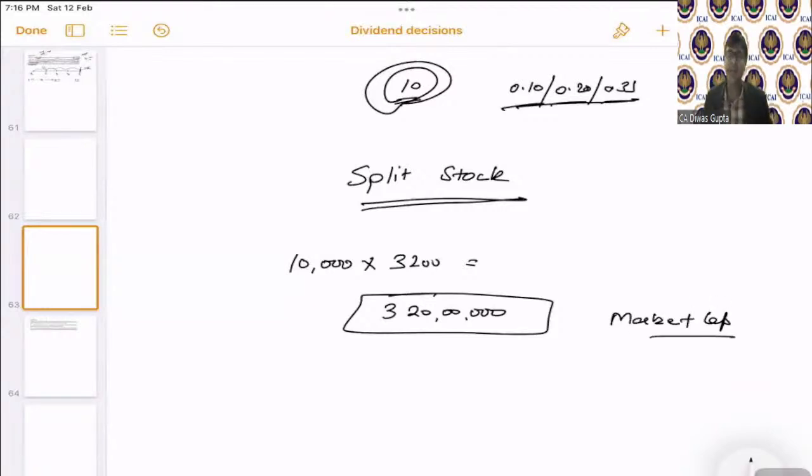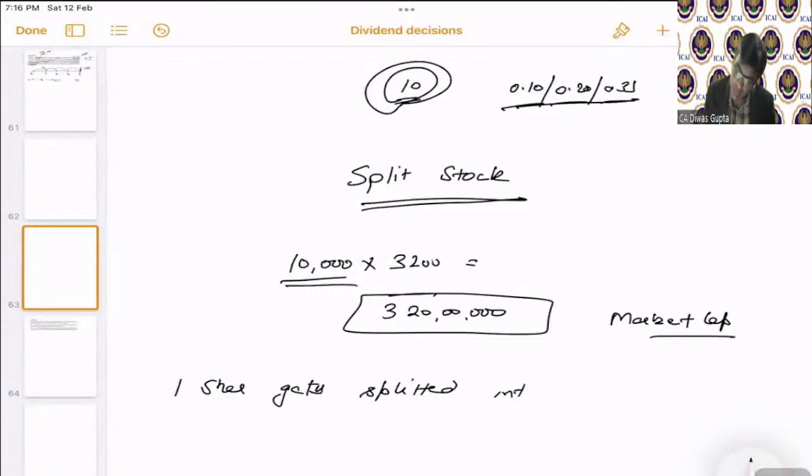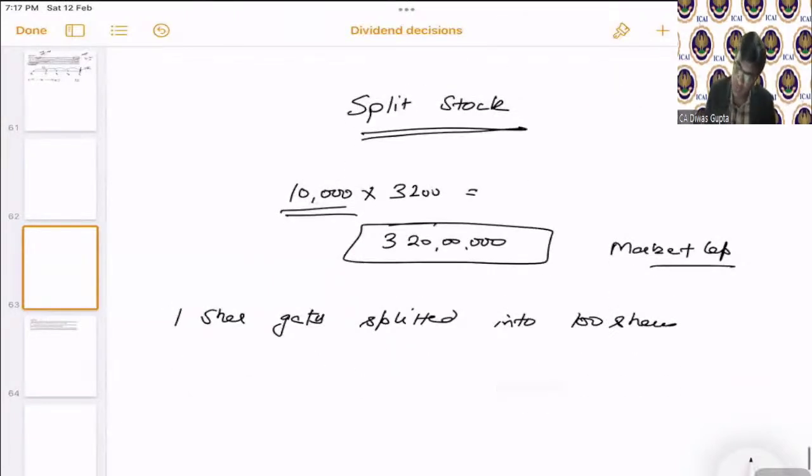Now, what will happen in splitting? In splitting, the company will say, instead of 10,000, I will split one share into 100 shares. So one share gets split into 100 shares.